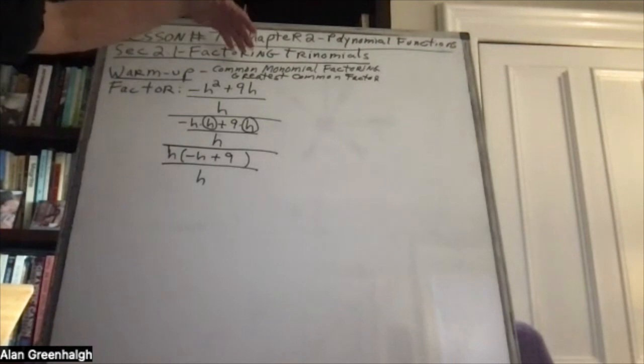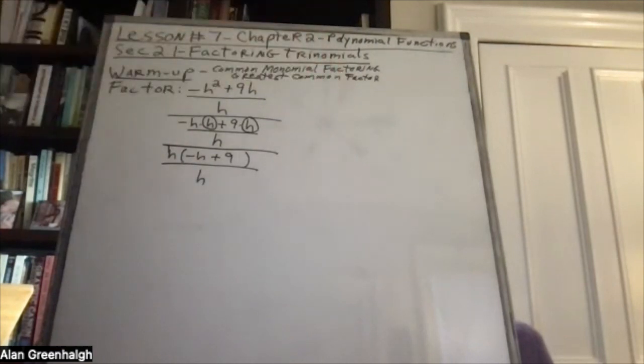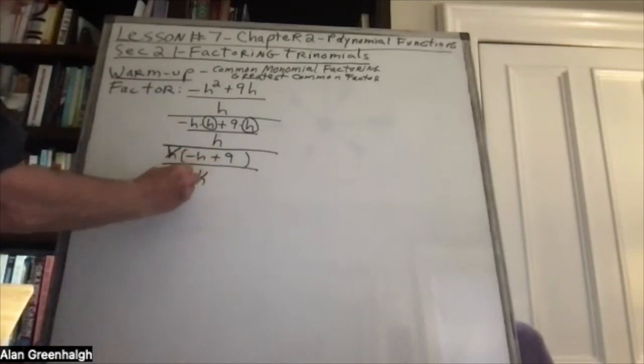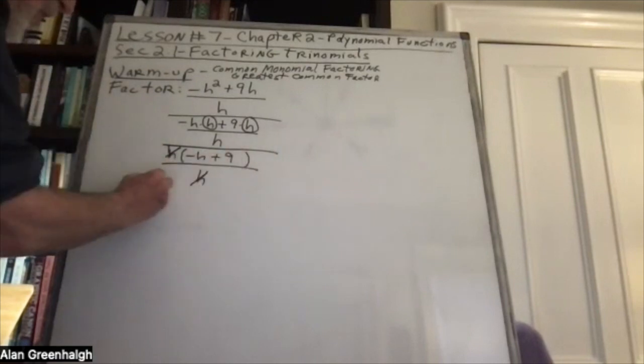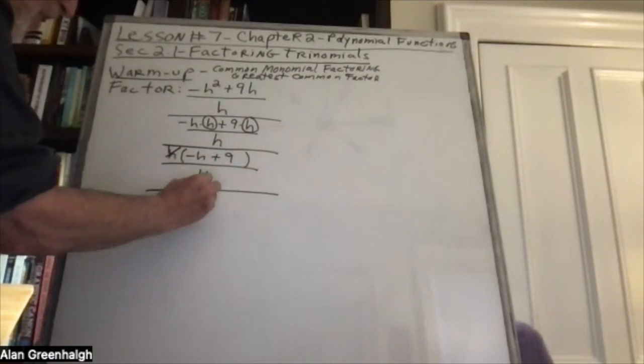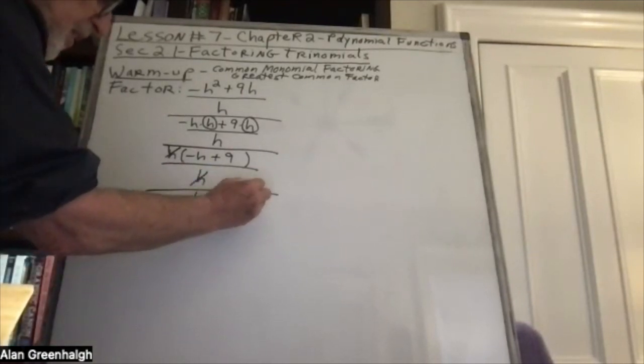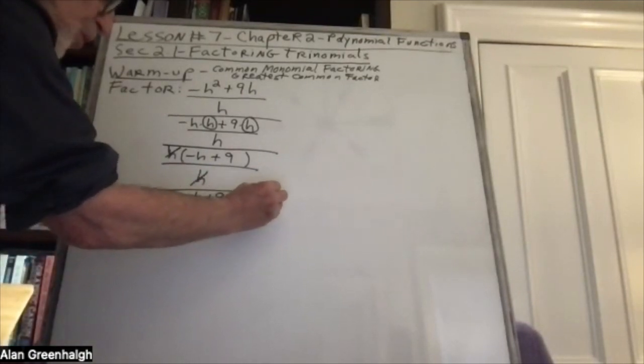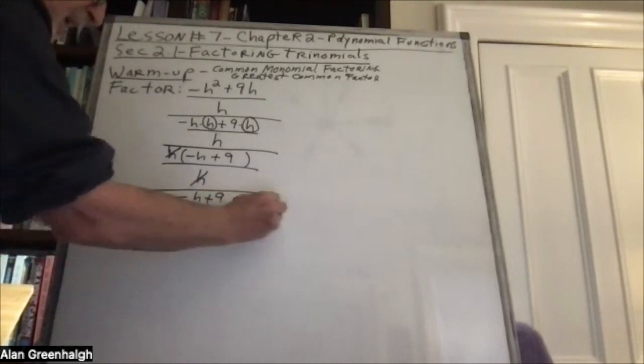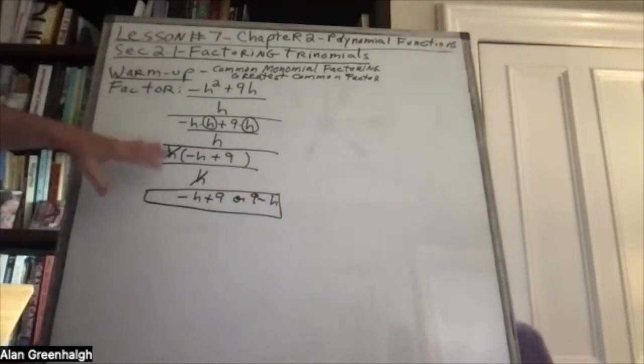It's the concept of the greatest common factor, as opposed to simply taking out a common factor. But this is what you should have done on the exam if you got to this step. And then you would do this. And of course, the answer to this question was negative h plus 9, or some students expressed it as 9 minus h, which would have been fine as well. So this is what we mean by common monomial factoring.